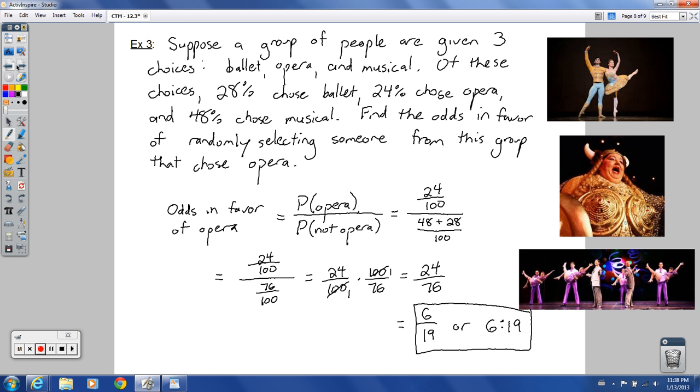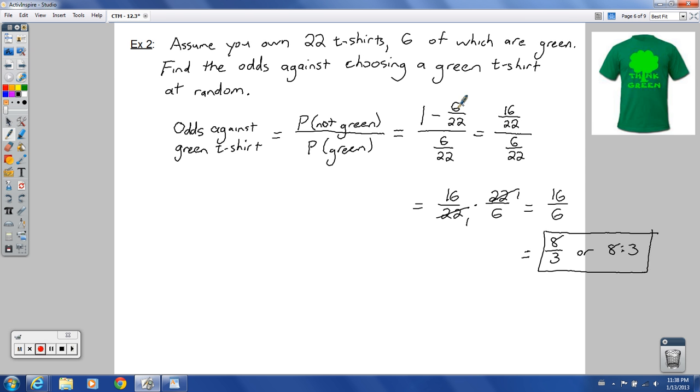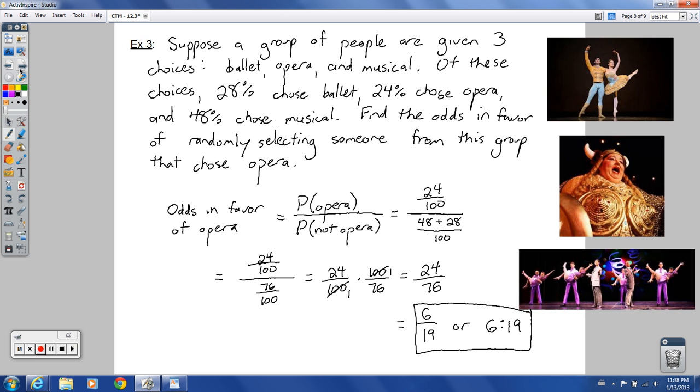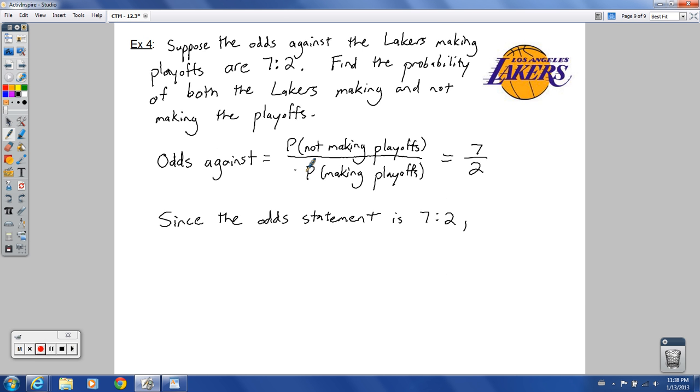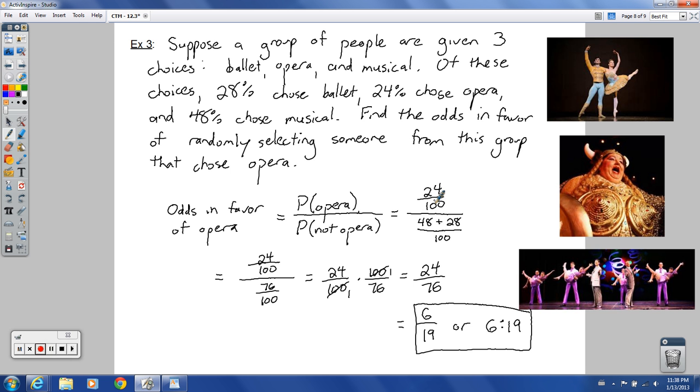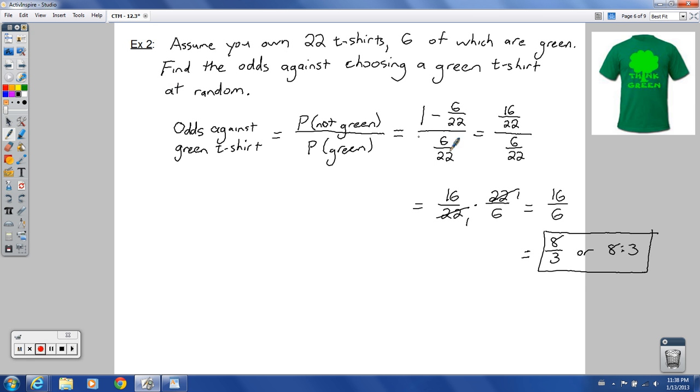Just like you had 24/100 here, just like you had 16/22 here and 6/22 there. What would be the denominator that would go there? It's always that total number. Here there was 100 total when talking about percents to choose from. Here there was 22 total t-shirts to choose from.